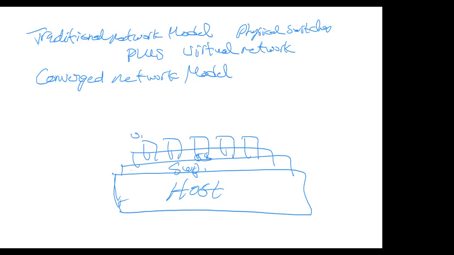This VM may be in a different subnet mask. Each one of them has a different IP address. For example, I am a company and I say, please, Mr. Cloud Service Provider, I want two zones, zone 1 and zone 2.